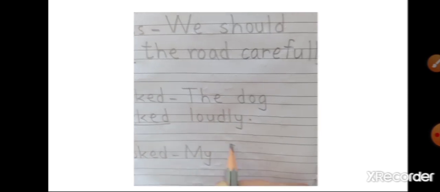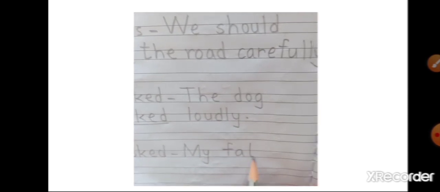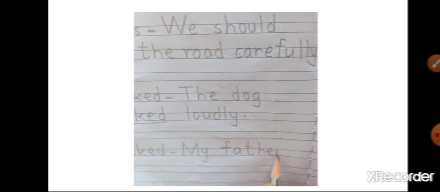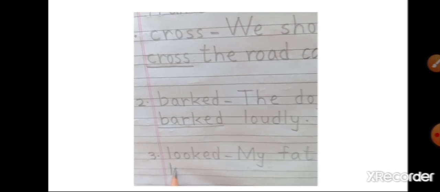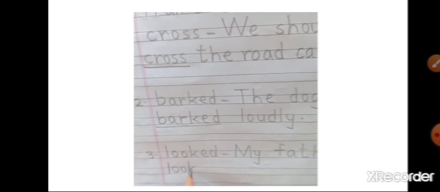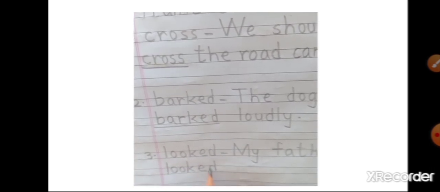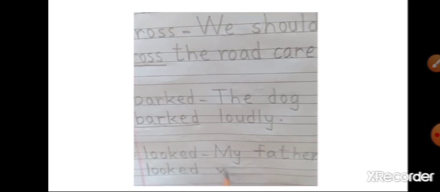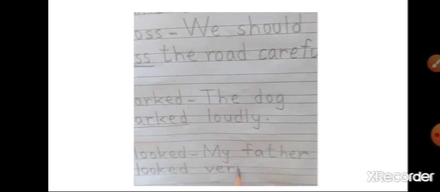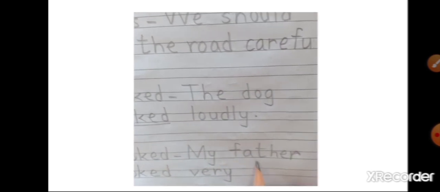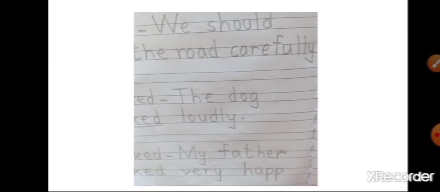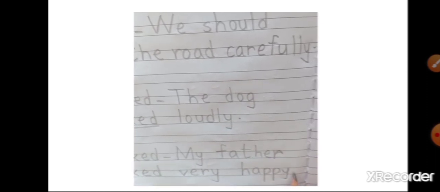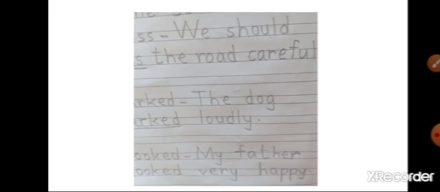My father looked very, VERY, very happy, HAPPY, happy, and underline the word looked.